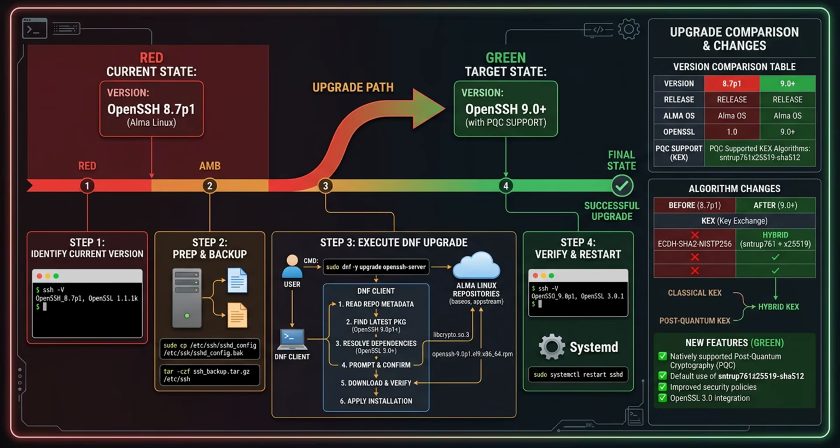Verify the upgrade with ssh -V. The output should show version 8.9 or higher. Once upgraded, post-quantum algorithms become available. The upgrade is simple. One DNF command handles everything. No manual compilation needed. Alma repositories have post-quantum enabled OpenSSH ready.